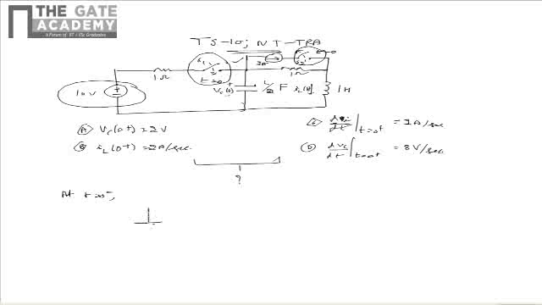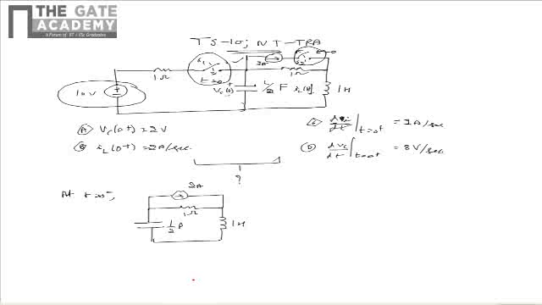So from this we can draw the equivalent circuit as shown. The equivalent circuit contains the inductor, capacitor and 1 ohm resistor. It contains a 2 ampere current source as well.